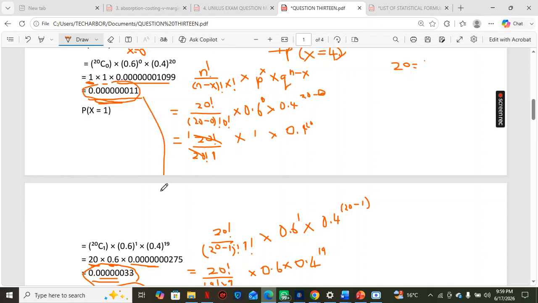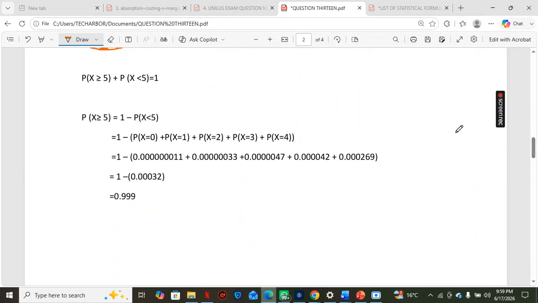Okay, all these probabilities, you need to add them up. And when you add them up, it's giving you the probability that less than 5 students prefer working in the banking industry.